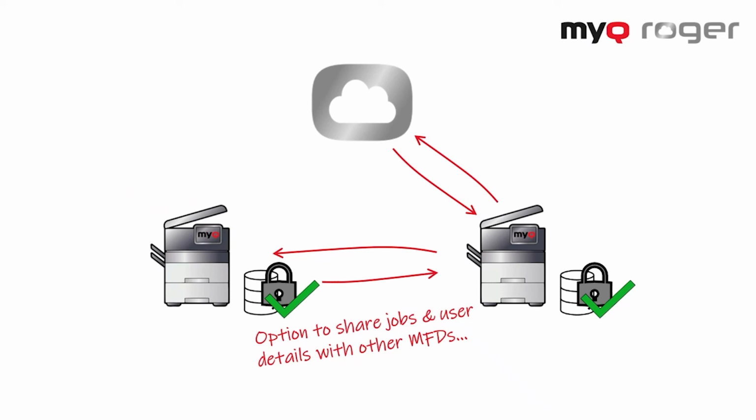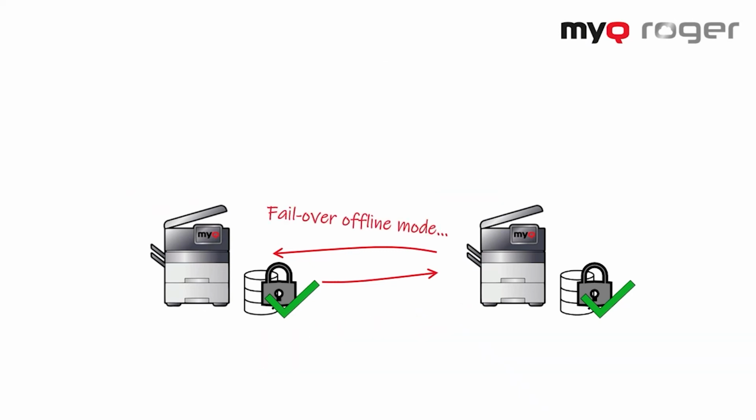So basically, devices of the same type can share the jobs, and not only jobs, but also the user details. Why the user details? Sometimes it may happen that the connection to the cloud is interrupted, and you will be left with a non-working solution.